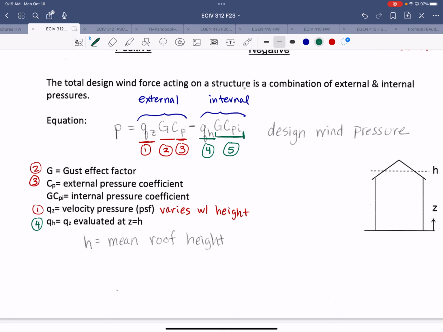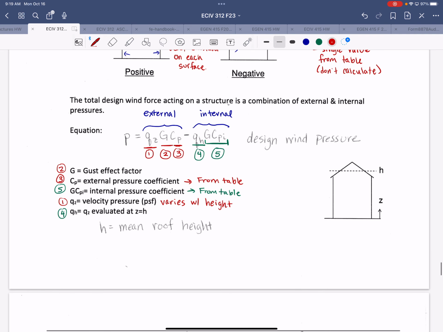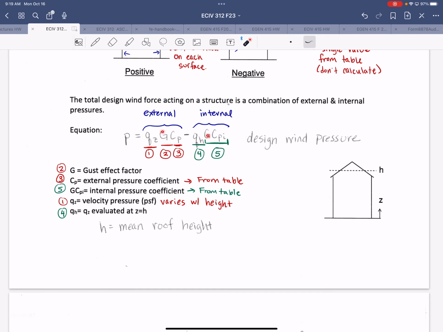So GCPI, I already defined that. That's something that you will obtain from a table. And I'll note above, CP is also from a table. It's a common mistake to think that you have to use the gust effect factor in both terms, and it's easy to see why.